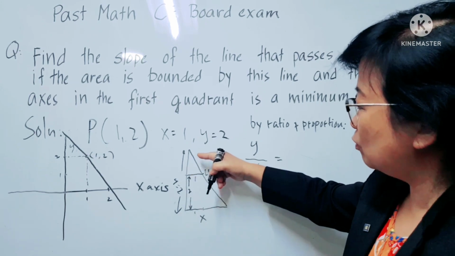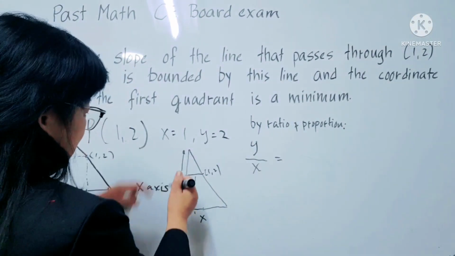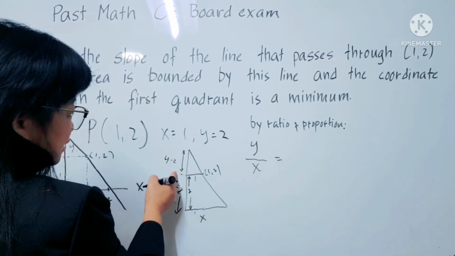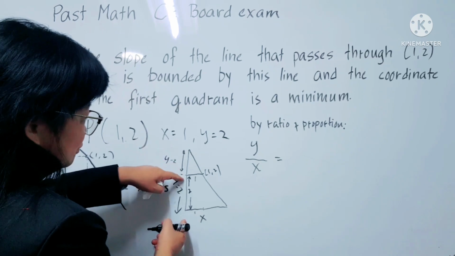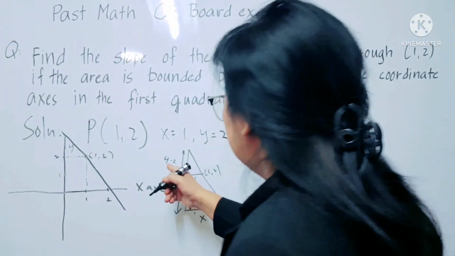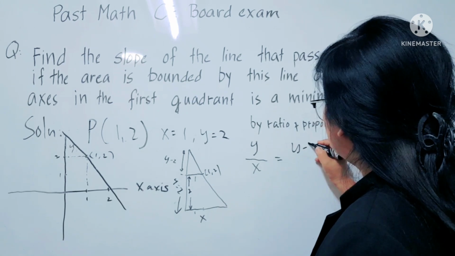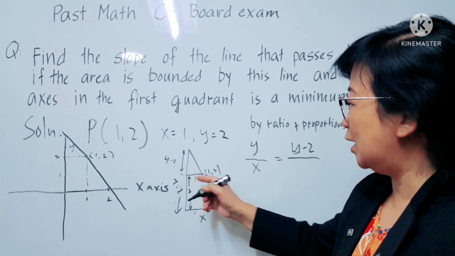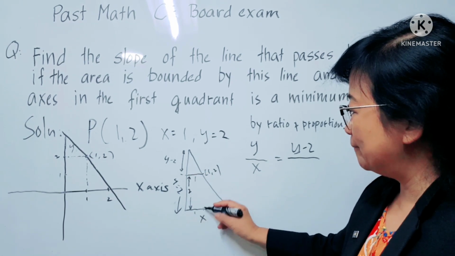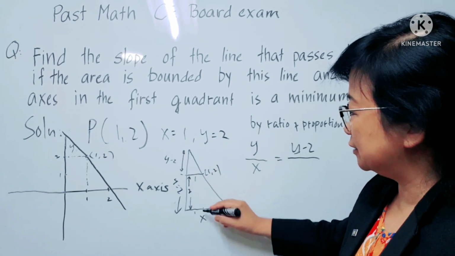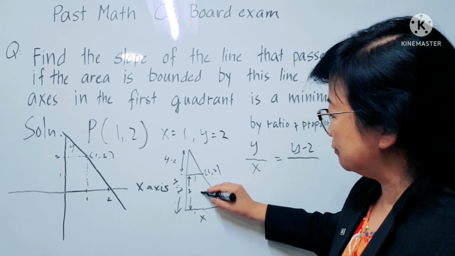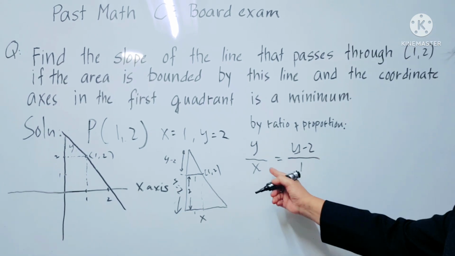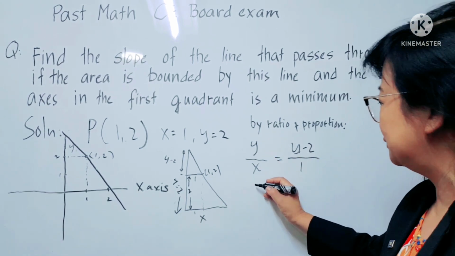This one is equal to y minus 2, because this is y and this is 2. So y minus 2 divided by 1, because this is 1, this is straight here, so this is 1. Therefore, we can solve for x here.